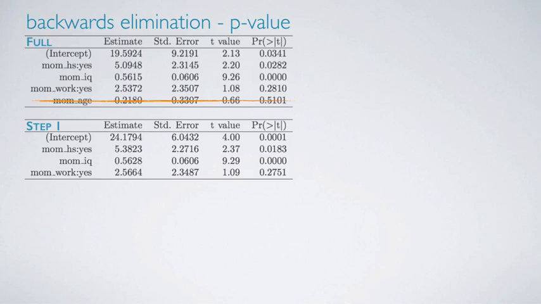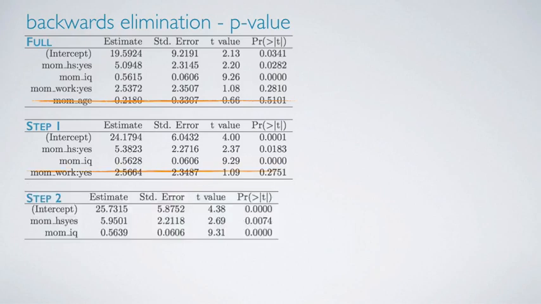And once again, we can see that mom's work status has a non-significant p-value, and therefore we would remove that from the model as well and refit the model one more time with simply high school status and the IQ score. And we can see that now both of these predictors have significant p-values, so we would stop here.